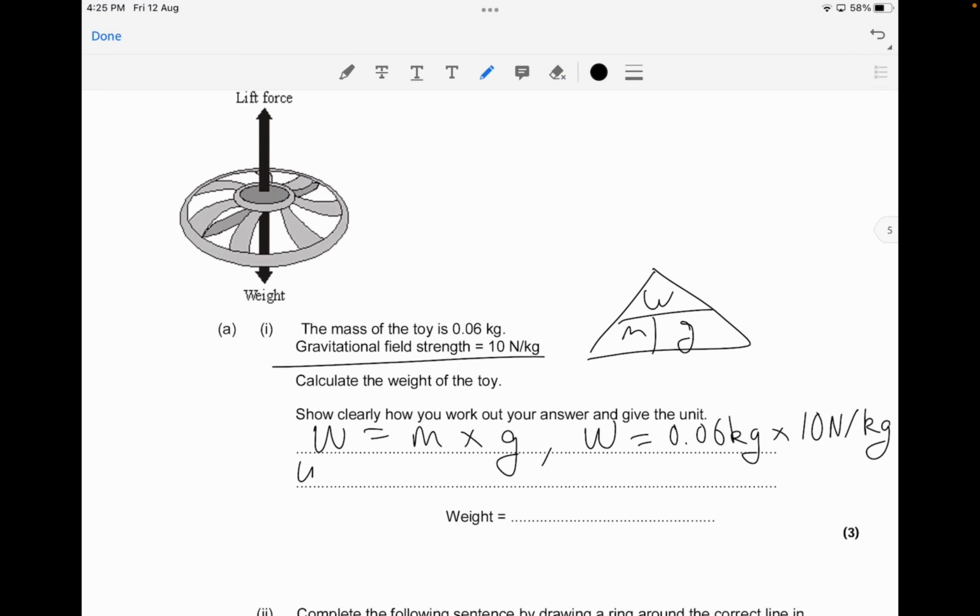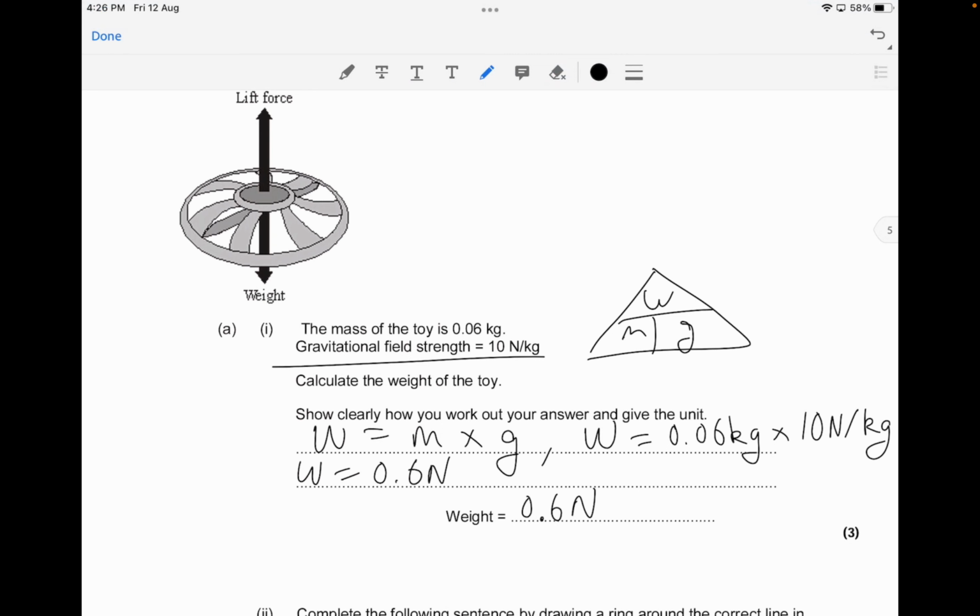So your weight is going to be 0.06 times 10 newtons per kilogram. That's going to give you a weight of 0.6 newtons. That's going to be your weight in this case. They would accept other units as well. You can mention the whole word units itself.